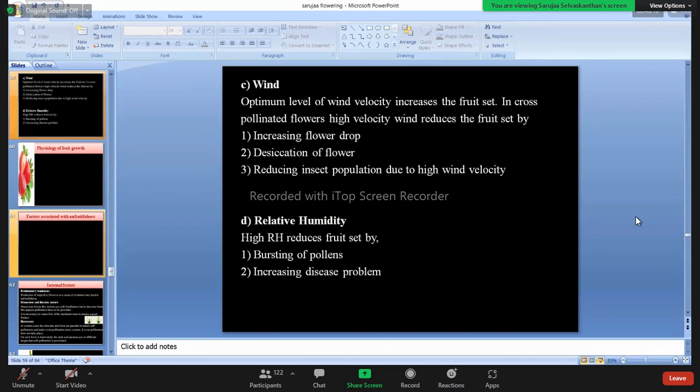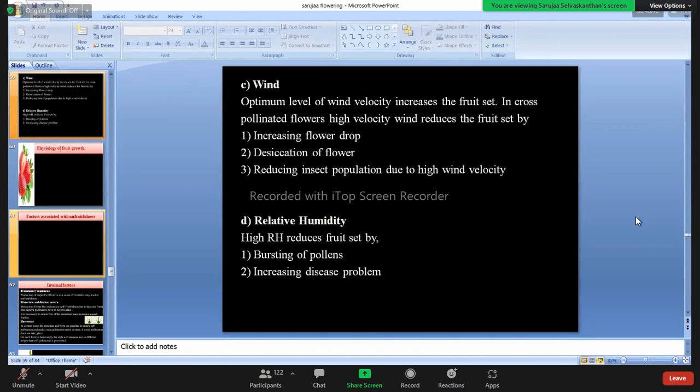Wind, optimal level of wind velocity increases the fruit set, right? In cross-pollinated flowers, high velocity of wind reduces the fruit set because of dropping of flowers, desiccation of flowers, and reduction in insect population, right? So optimum wind velocity is essential for the fruit set.